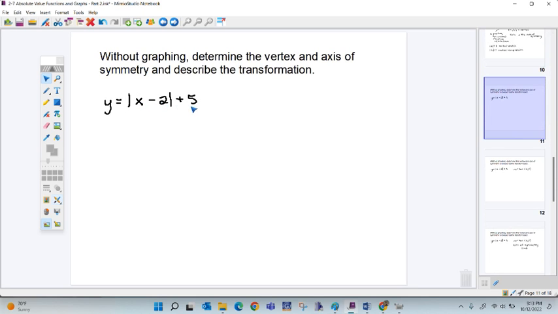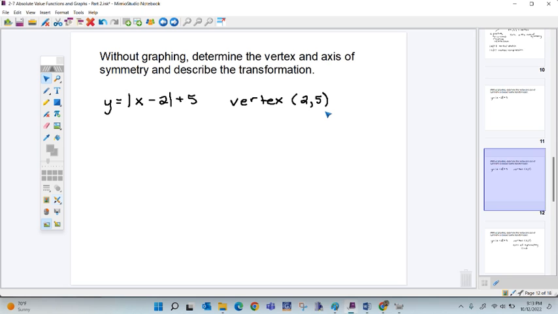X minus 2, plus 5. Okay, well, the vertex, axis of symmetry, and the transformation. The vertex comes from here. Here's my h, here's my k. My vertex is 2, 5. You don't have to do any calculating for that.